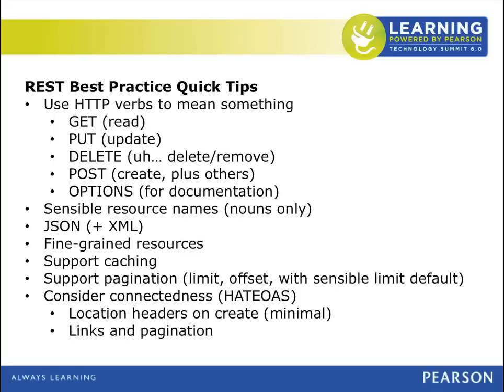And we've discovered that it's best to do fine-grained resources, CRUD on a single object type, like a line item, to offer that kind of thing so that you can then come back with a layer over the top and either cache or aggregate at a different layer. So fine-grained resources that support create, read, update, delete. Support caching and pagination. Has anybody here read the best practices document that was produced a while ago?